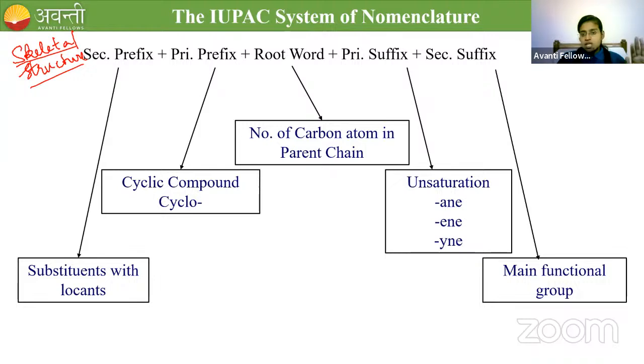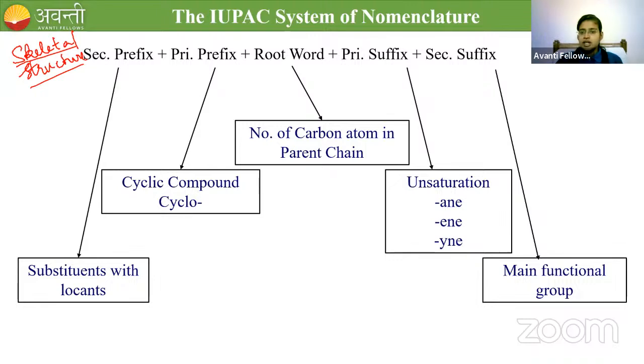Some compounds may have only a primary suffix. Some may have only a primary prefix and primary suffix along with the root word. Some will have only the root word and secondary suffix. It depends on the compounds. If it has all the 5 terms, then you have to follow this order. Do you guys have any doubt here?